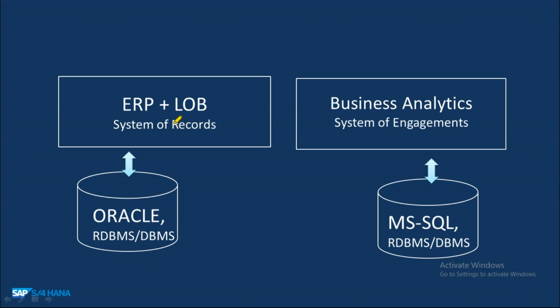LOB here is line of business. So if my customer is working with a pharmaceutical company or a supplier who have implemented ERPs, they're going to have the line of business or the data or system of records only related to the pharmaceutical sector.